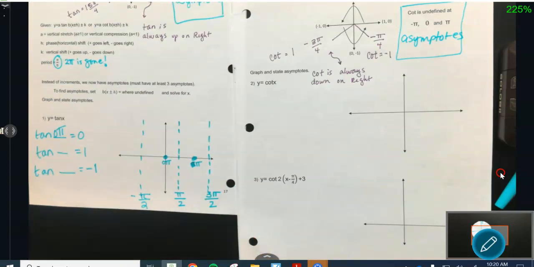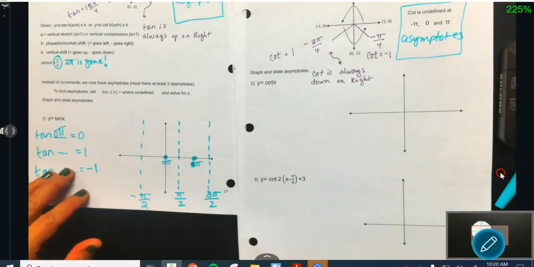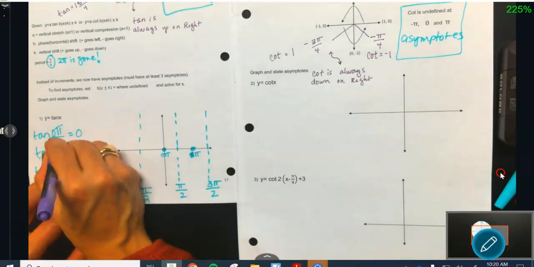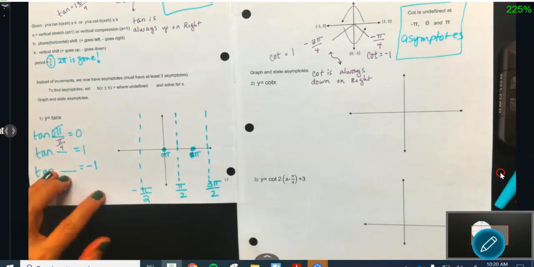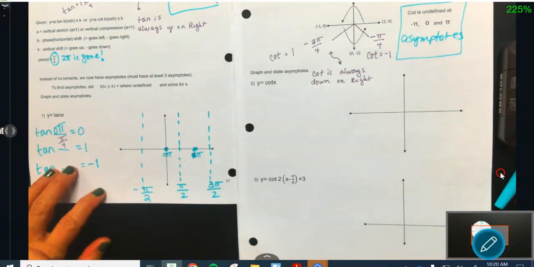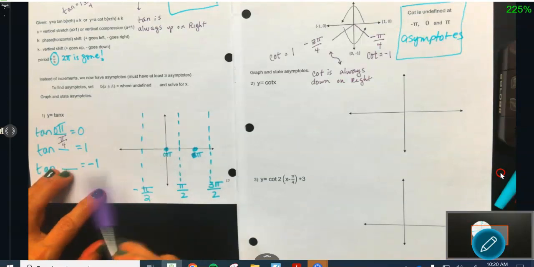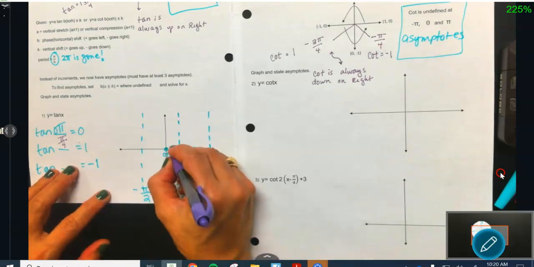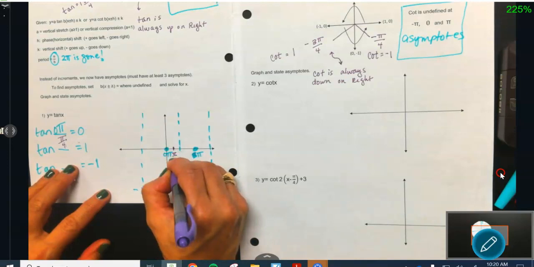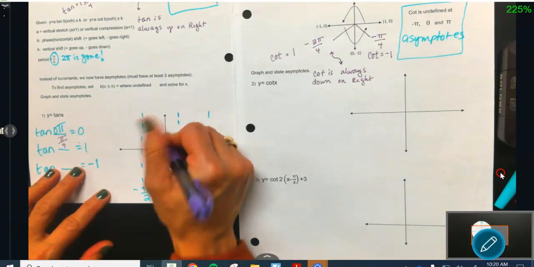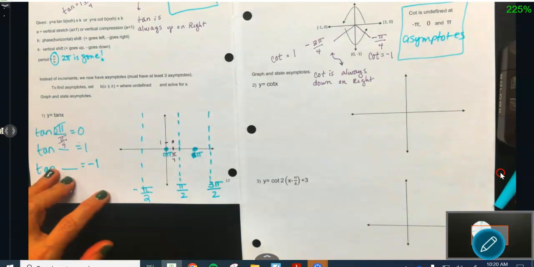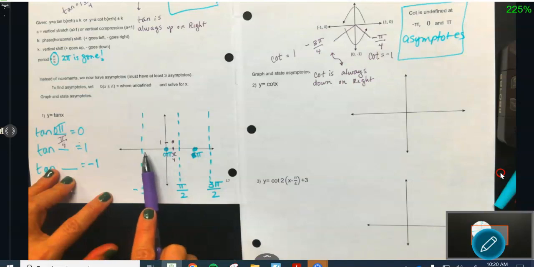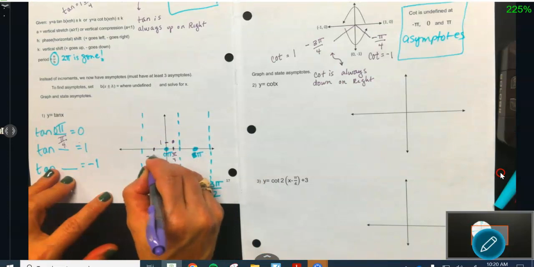All right, where did tangent have a value of 1 again? Pi over 4, good. Look, what's halfway in between 0 and a half? A fourth. And that's where it equaled positive 1. I'm going to draw a dot there. Look how I did that. What's halfway in between a negative half and 0? Negative pi over 4.